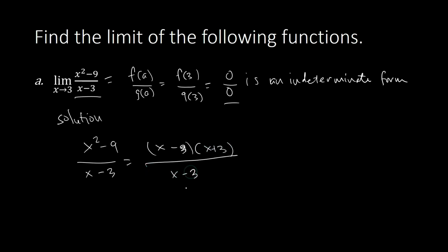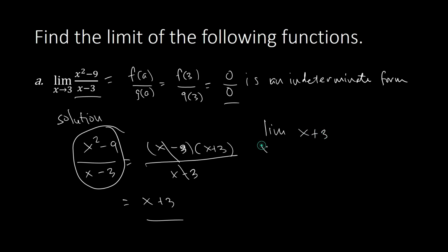This is divided by x minus 3, and so it has a common factor. x minus 3 divided by x minus 3 is 1, and so you are left with x plus 3. So this is equivalent to x plus 3. We can now evaluate the limit of x plus 3 as x approaches 3. And what is this? This is equal to 6.